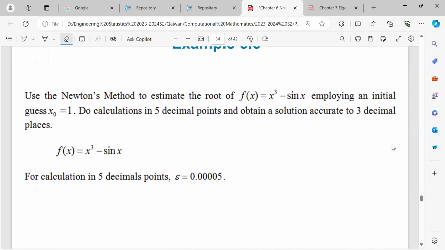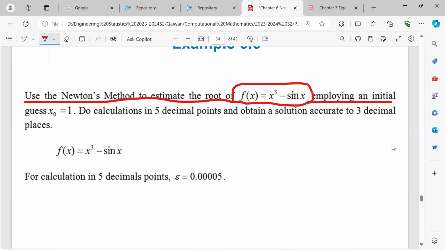Here we have this example. It says use Newton's method to estimate the root of this function. Employ an initial guess. X naught is 1. This is x naught. We must have the initial value. In Newton's method, we just need one x value.